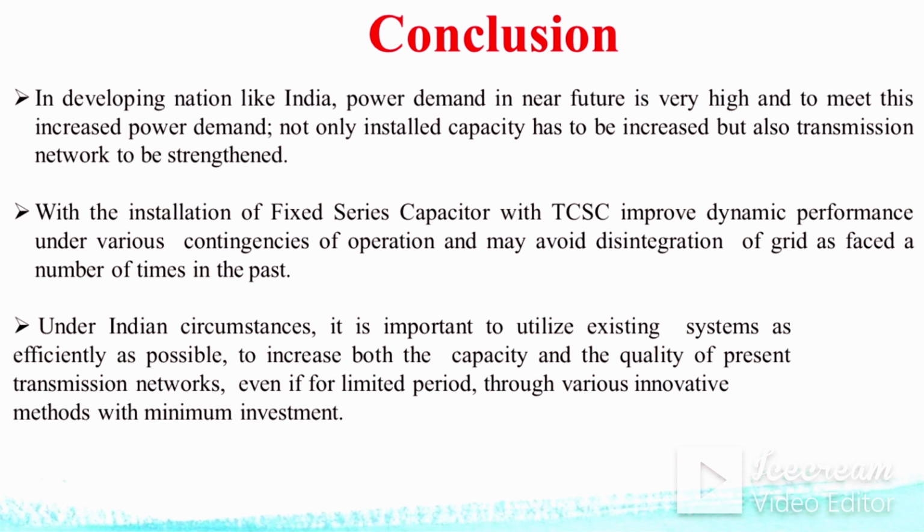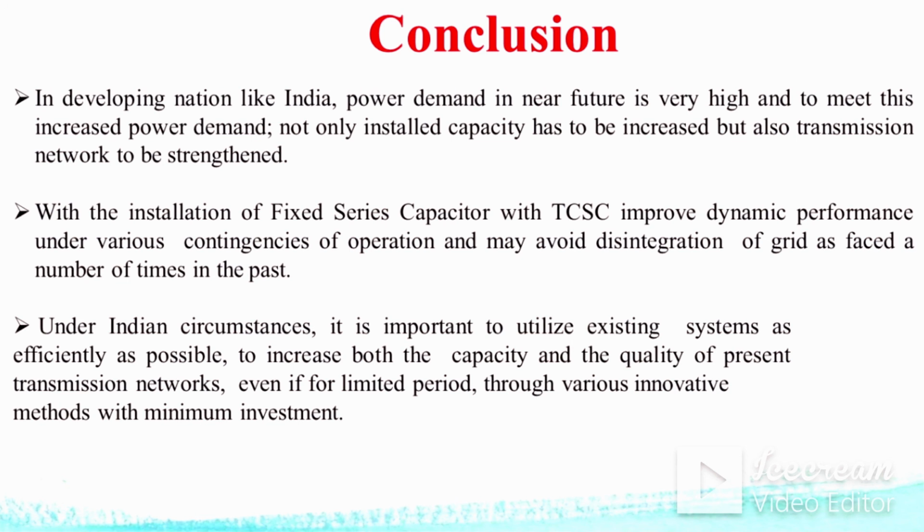So finally the conclusion is, in a developing nation like India, the power demand in the near future is going to be very high, and in order to meet this increased power demand, not only does installed capacity have to be increased, that is, installed capacity can be increased from the generator side by increasing the number of units in the thermal generating plants and nuclear generating plants, but we also need to compensate in between the transmission line and at the receiving end using these various techniques: shunt, series, SVS, STATCOM, or the synchronous condenser.